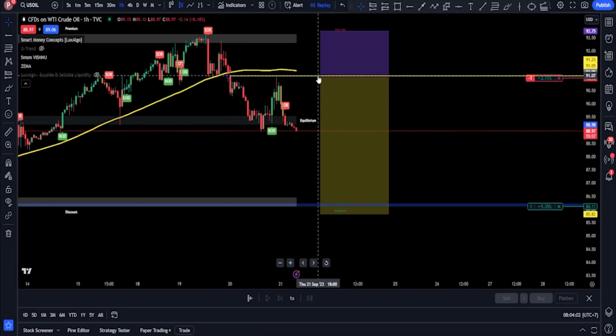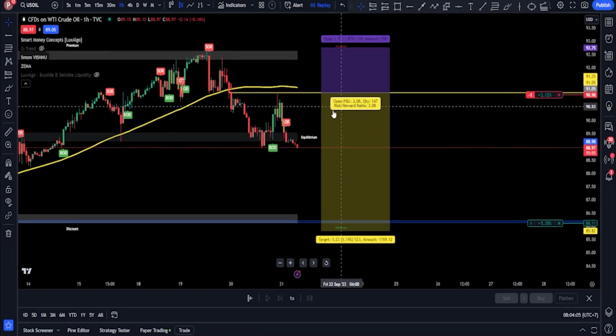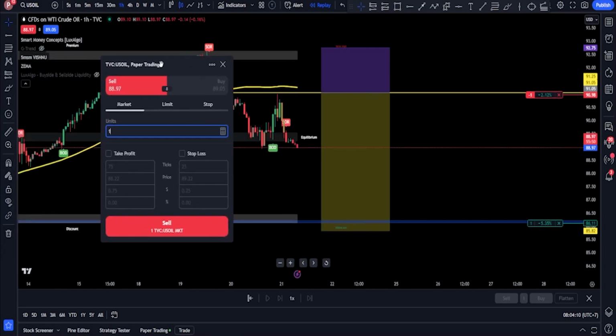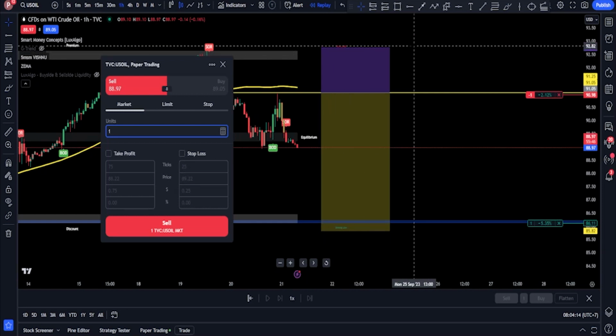Once I'm in for an entry, all I do is come to the ticket order over here, and I put in my levels as per what's listed right here.